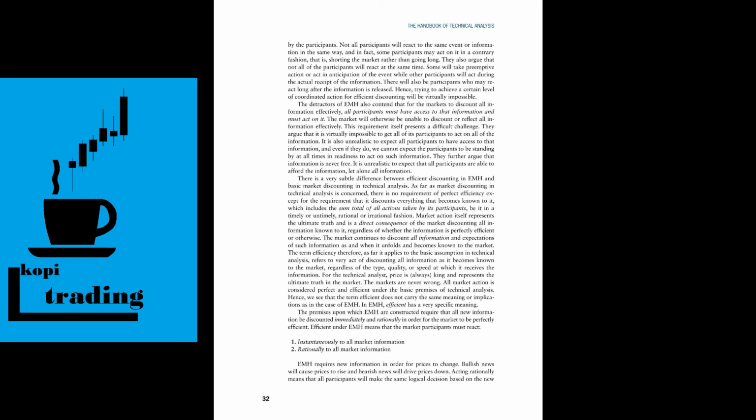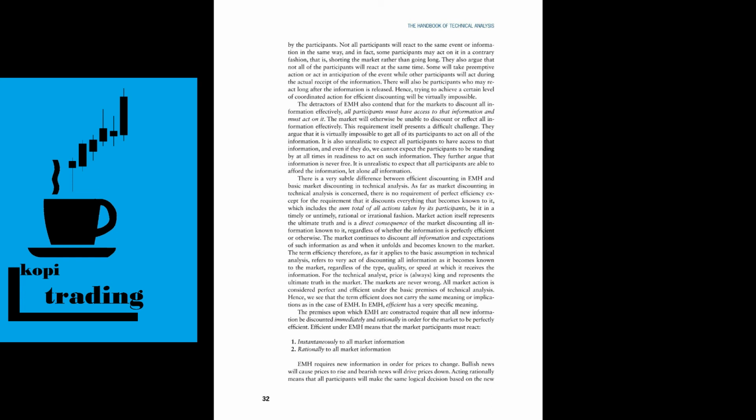Hence, we see that the term efficient does not carry the same meaning or implications as in the case of EMH. In EMH, efficient has a very specific meaning. The premises upon which EMH are constructed require that all new information be discounted immediately and rationally in order for the market to be perfectly efficient. Efficient under EMH means that the market participants must react: 1.